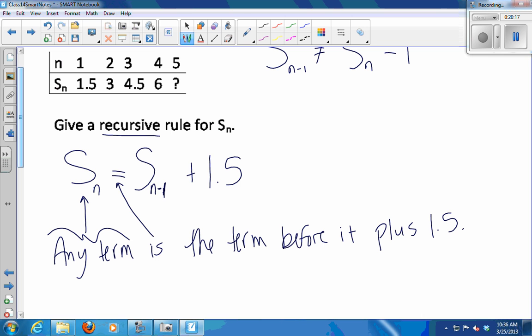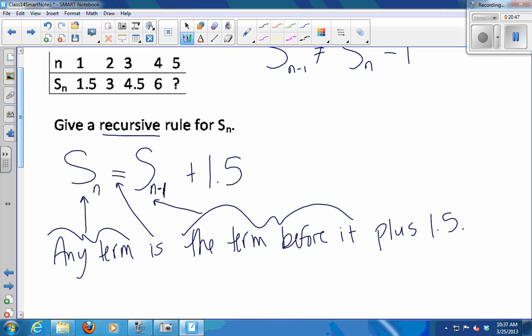The term right before any term, that's S sub n minus 1. The term right before the nth is one less than the nth. So like the term right before the 5th term would be the 4th. The term right before the 12th term would be the 11th. So that's where the minus 1 comes from. Okay. And then plus 1.5.